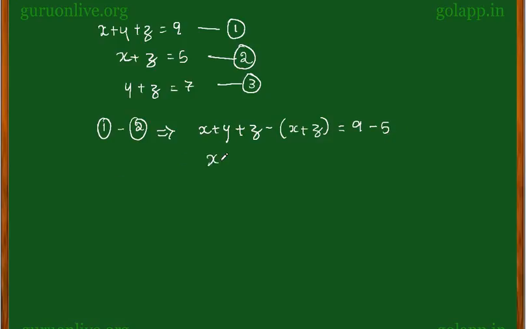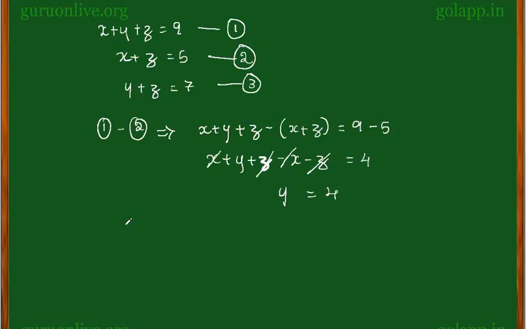So this will be equal to x plus y plus z minus x minus z, which is equal to, in the RHS, 9 minus 5, which is equal to 4. So here I have plus x and minus x, which get cancelled, and plus z minus z, which get cancelled. I am left with y, which is equal to 4. So I got the y value.